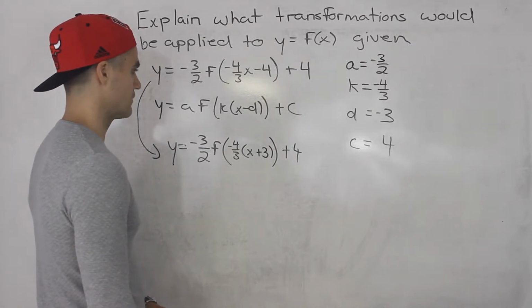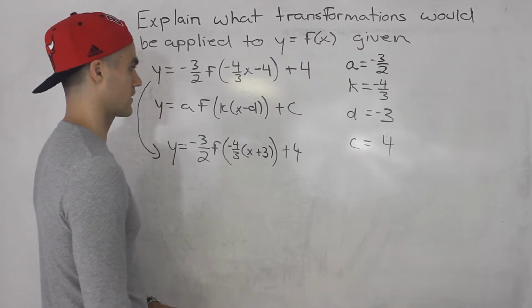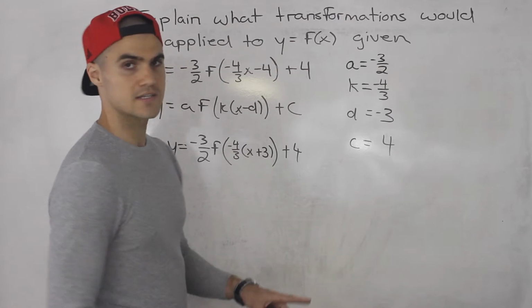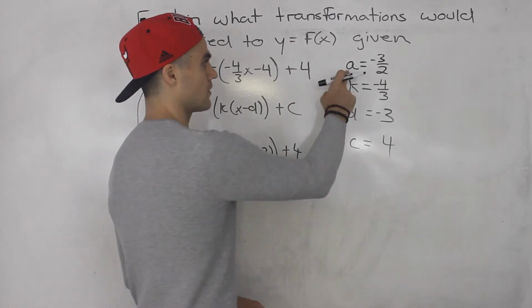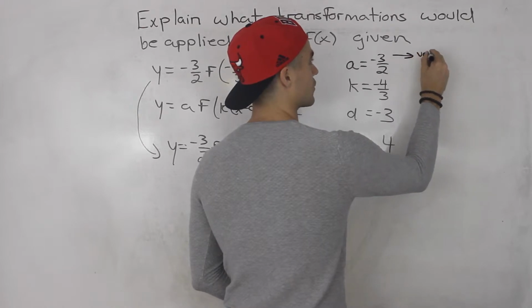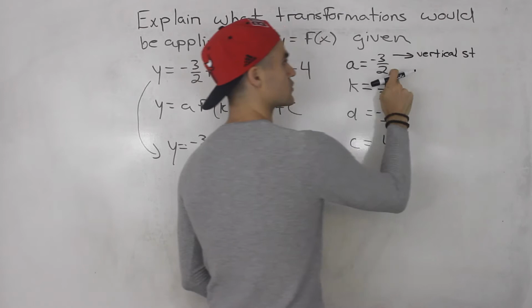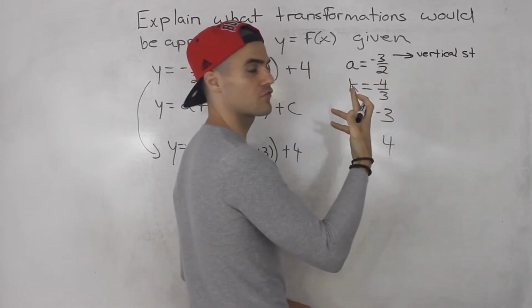And now that we have all of our transformation values, just double checking if they're all correct, they seem correct, we can state what the transformations are. So a value of negative 3 over 2, well, we know that there is a vertical stretch because 3 over 2 is greater than 1. 3 over 2 is 1.5.